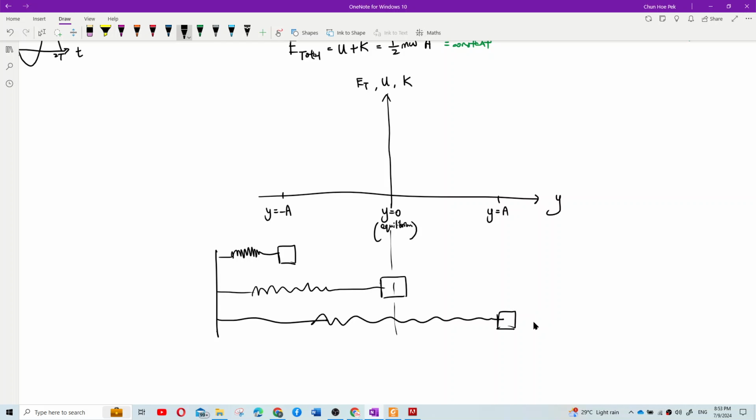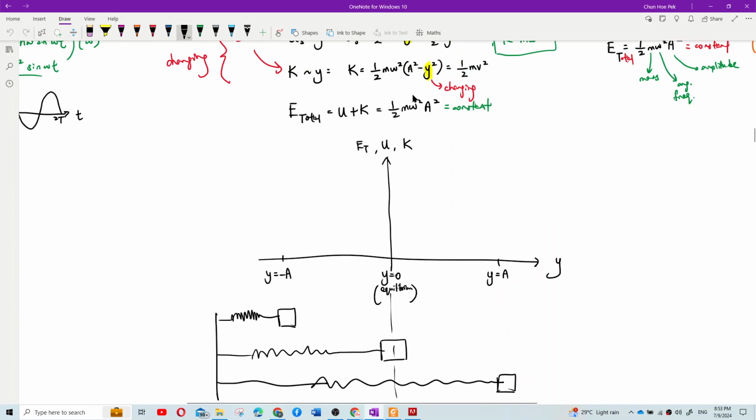Okay, so class, you see here, the total energy is always constant all the time. So that's the graph for total energy.